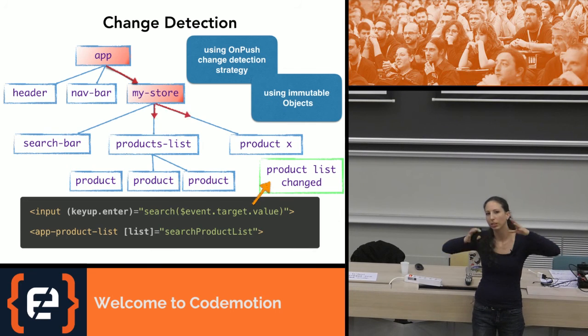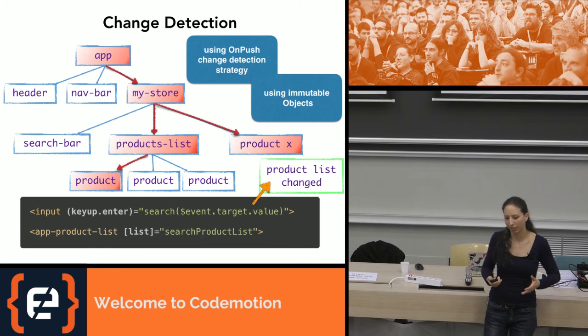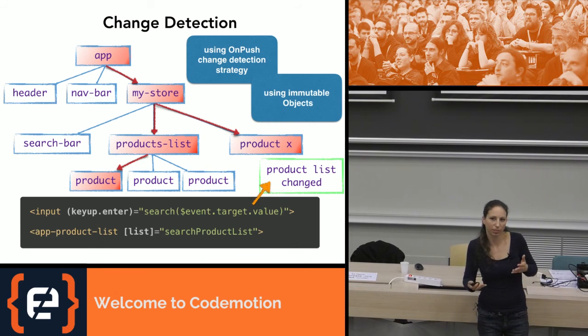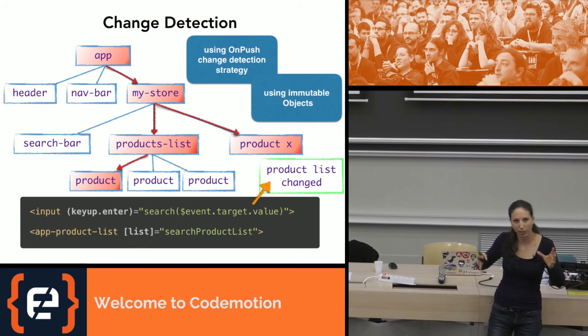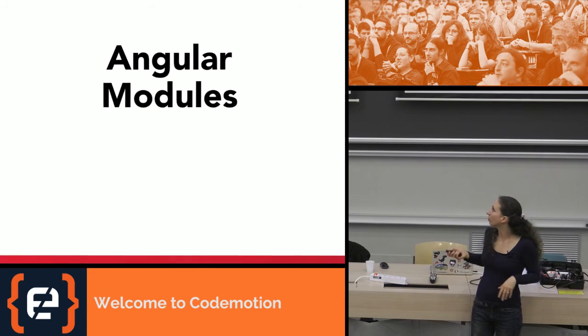And so if you have a really big application, it makes the performance a bit better because it doesn't go through the whole tree. Right.